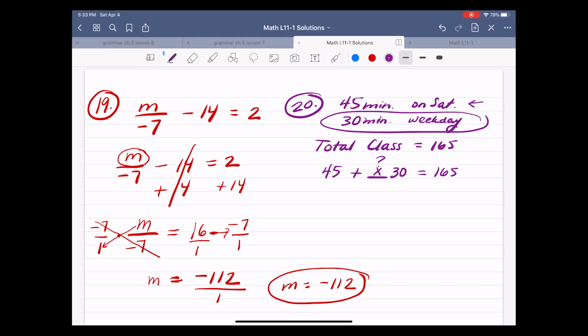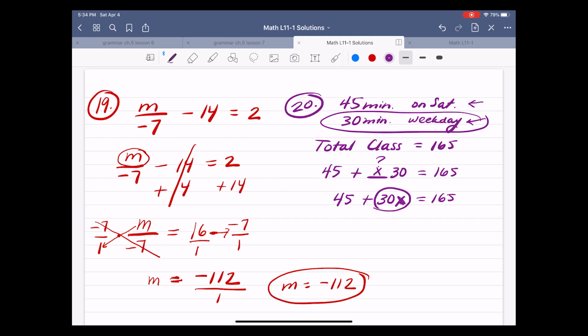Let's call that x. So our equation looks like this: 45 plus 30 minutes times who knows how many classes. It's going to be anything from 1 to 5, Monday, Tuesday, Wednesday, Thursday, Friday, equals 165 minutes. So we've got 30x is our variable. x is our variable. 30 minutes times that number of classes is going to tell us how many weekday classes they're having.